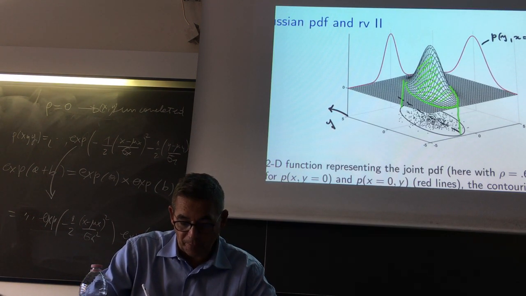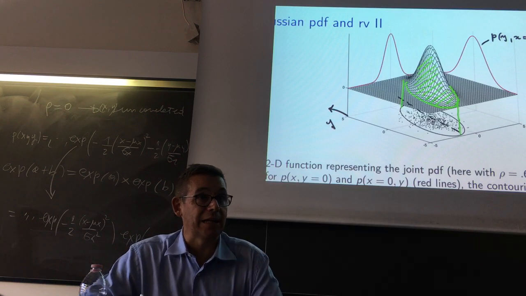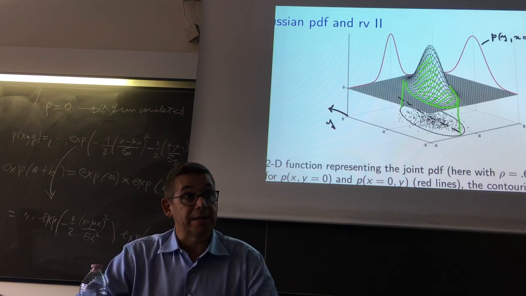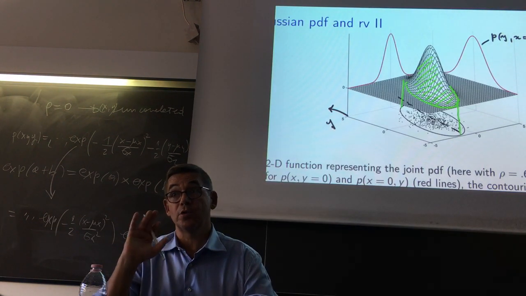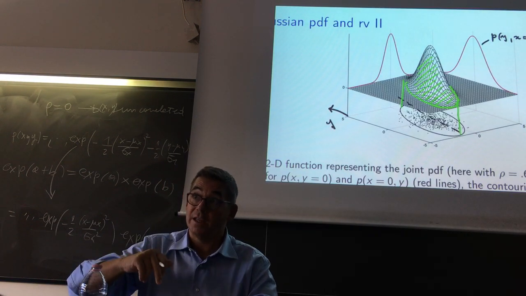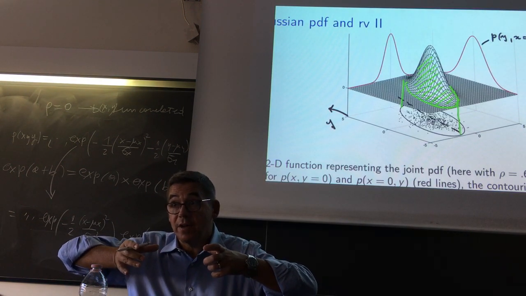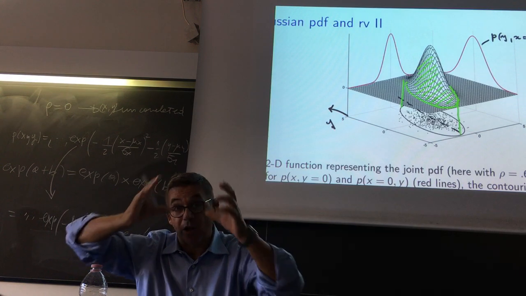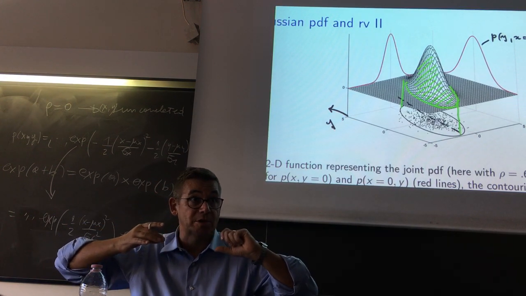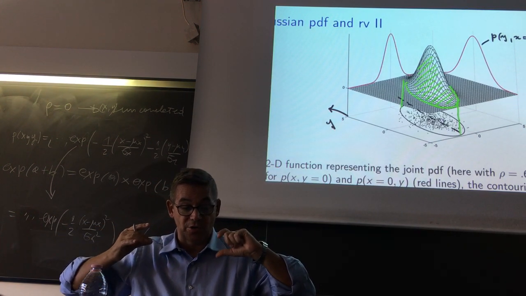The volume is telling the probability that one random value is contained inside this area, because it's the volume corresponding to the probability density function.